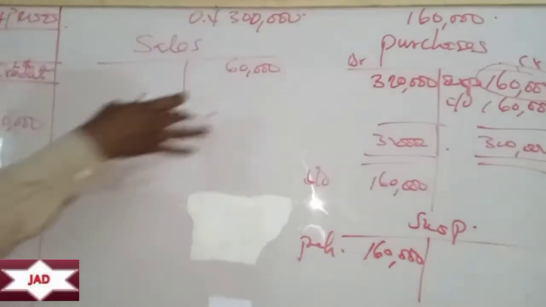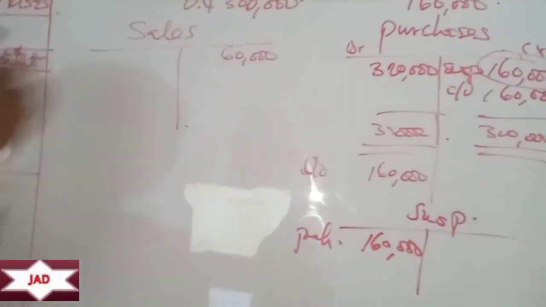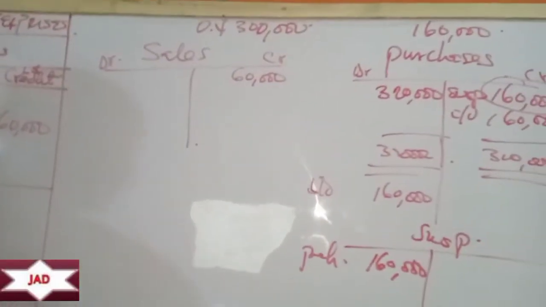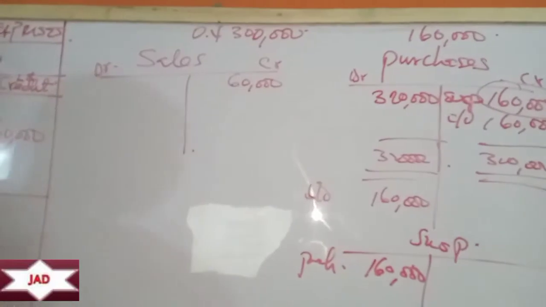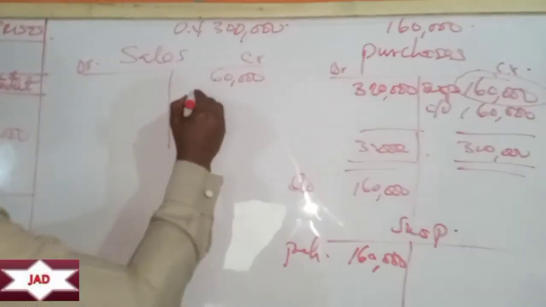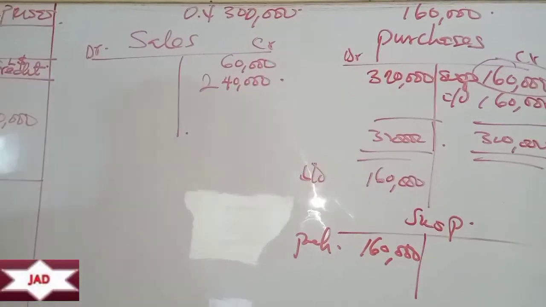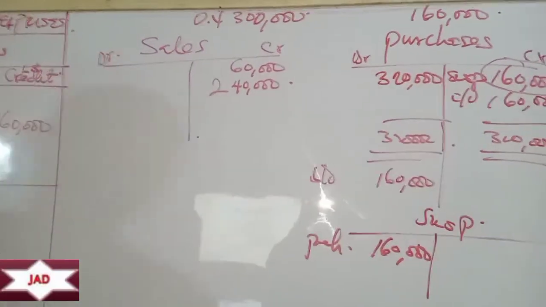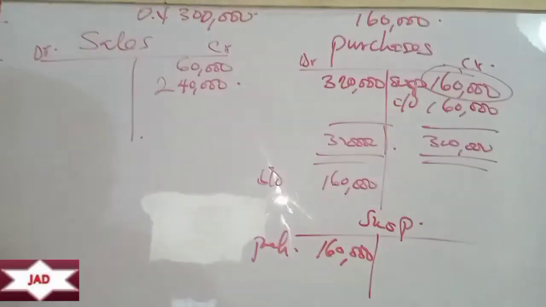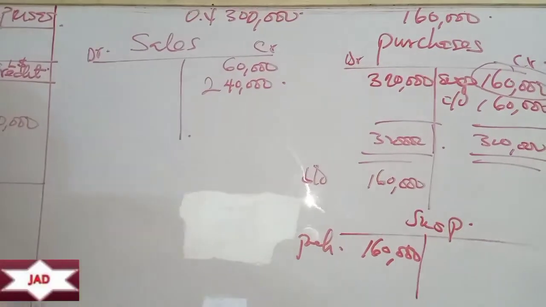So it means that you have understated sales by 240. If sales has a credit balance, how do you correct this? You credit it with the undercast amount. So you are going to say 240,000 Liberian dollars, so that you can get the original amount of 300,000. So the correction entry there is this 240 entry. So where is the corresponding entry?